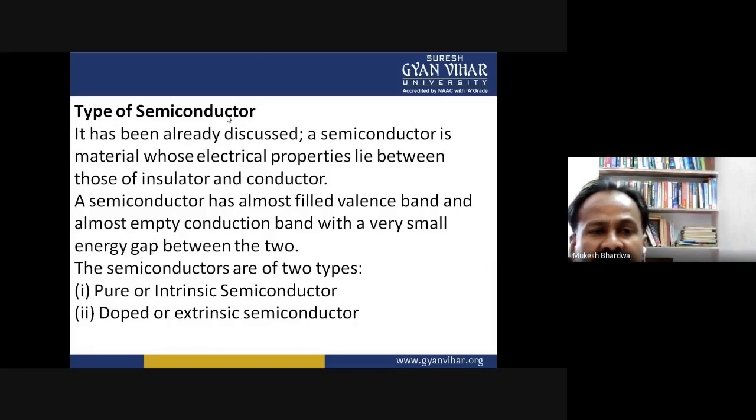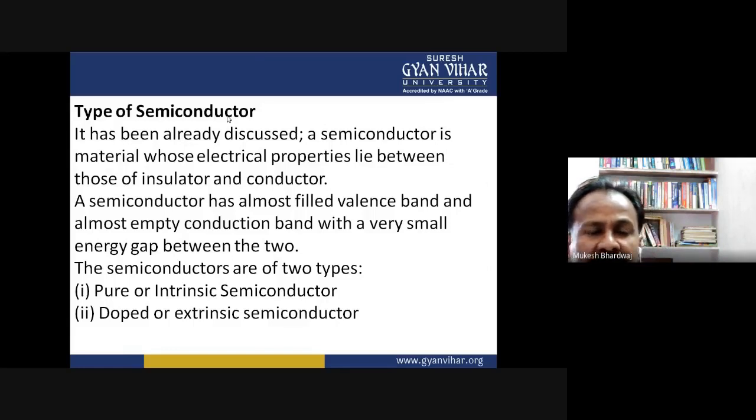Types of semiconductors. Now, after coming to the difference between insulators, semiconductors, and conductors, semiconductors are of great importance in the day-to-day electronics world. Semiconductors are divided into two categories.